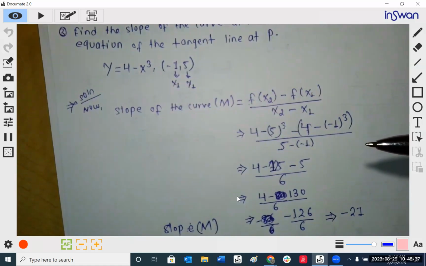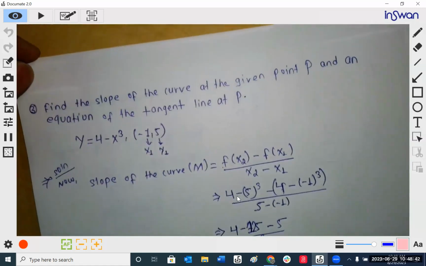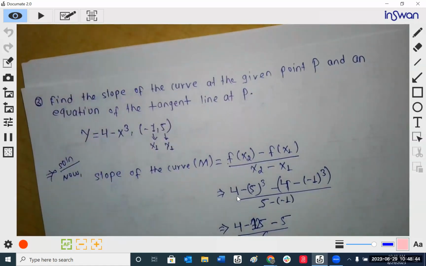But scroll down, let me see the question, what's it asking. Find the slope of the curve at the given point P and the equation of the tangent line at P. So the point they're giving us is point P. That's not x1, x2, that's x, y, that's point P. And they're giving us that curve.